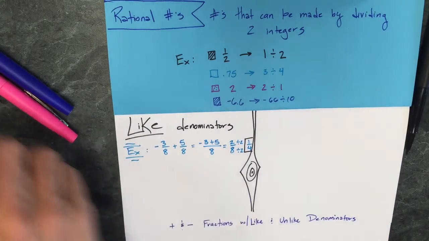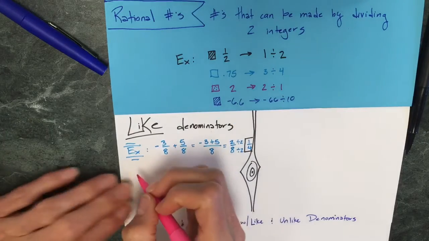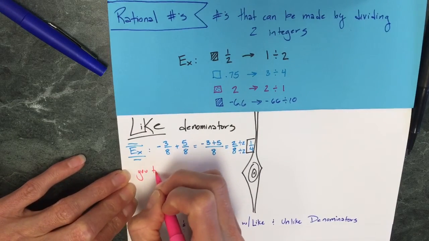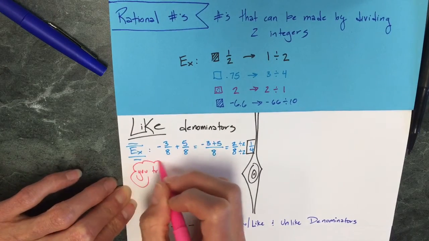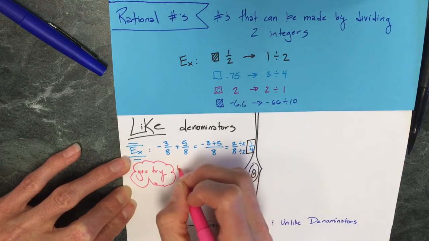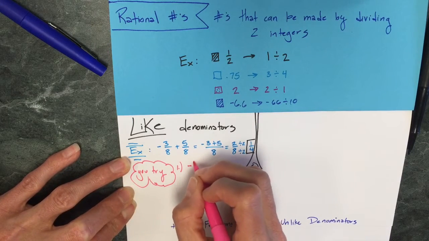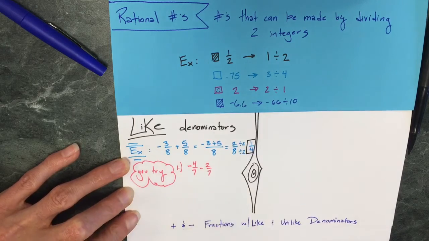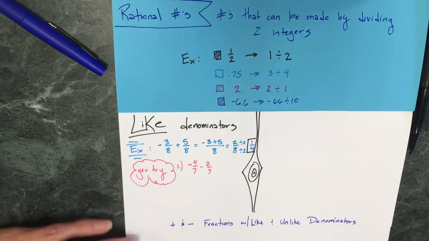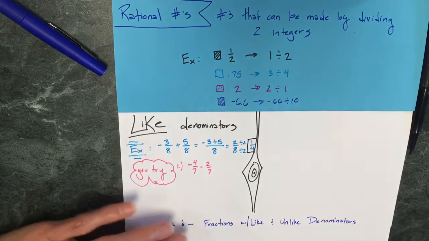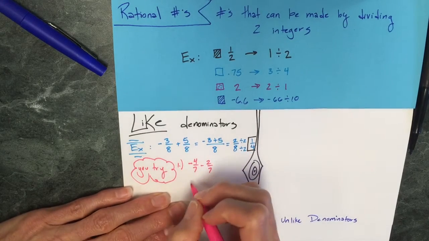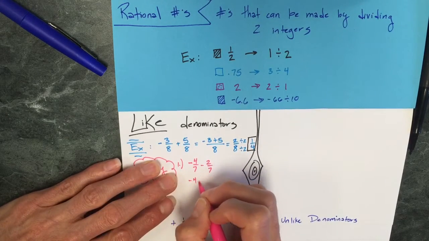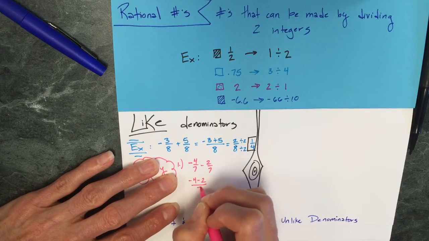Okay, your turn to try. Try this one. -4/7 minus 2/7. So pause and try it. Okay, so hopefully you combined your numerators, -4 and -2 over 7.